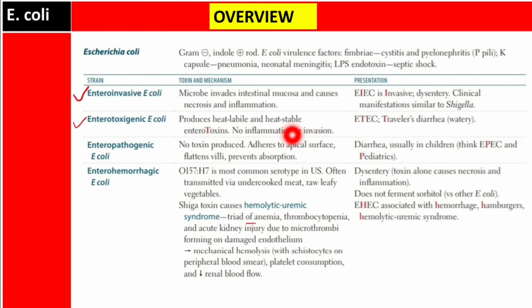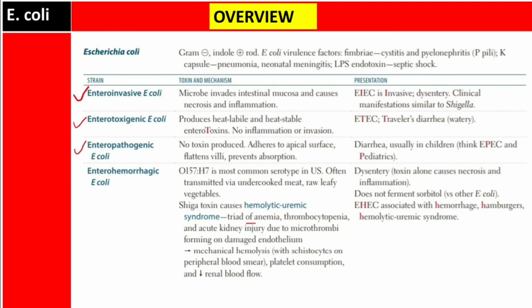No inflammation or invasion. It's called ETEC, and you see this T is for traveler's diarrhea, which is watery. ETEC for travelers. Enteroinvasive invades like Shigella.